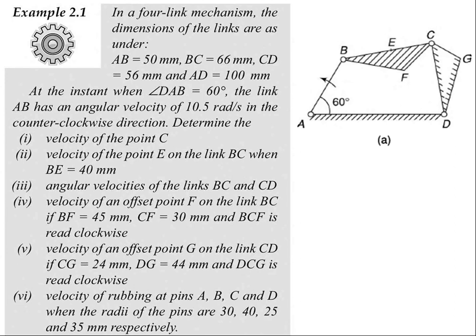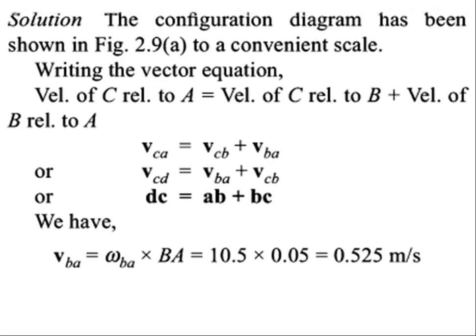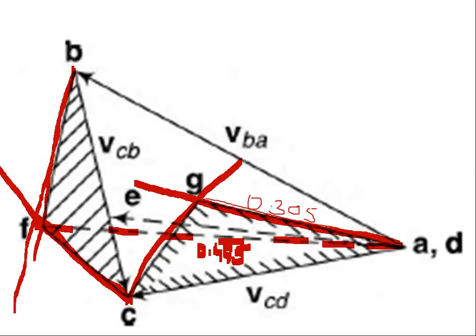When there is no motion, there will not be any velocity. So at this point or at this point, the velocity is 0. That is nothing but the starting point or end point. So in this case, A and D will always be the initial position or ending position. So this should be 0. So these two will be common, having a common point.